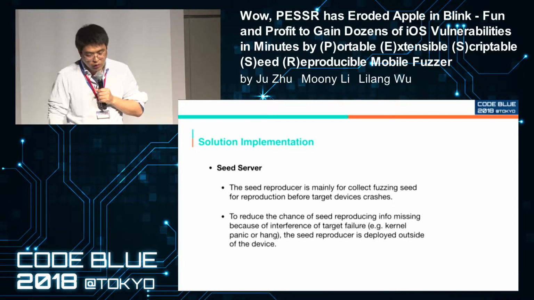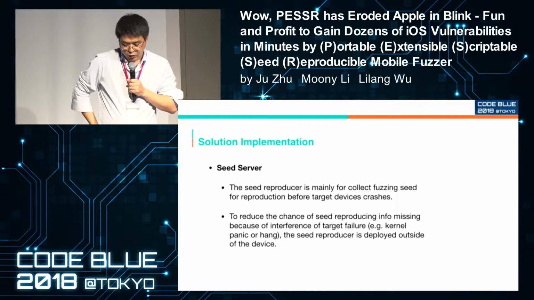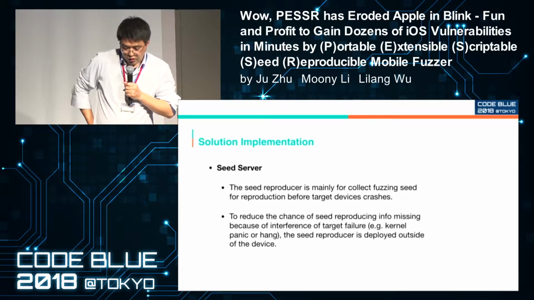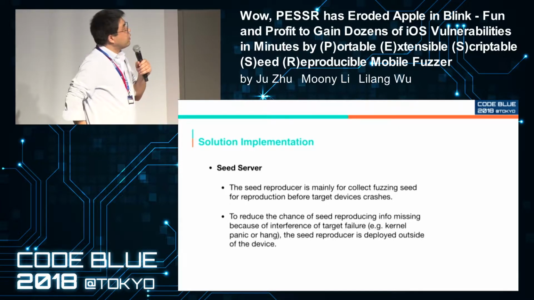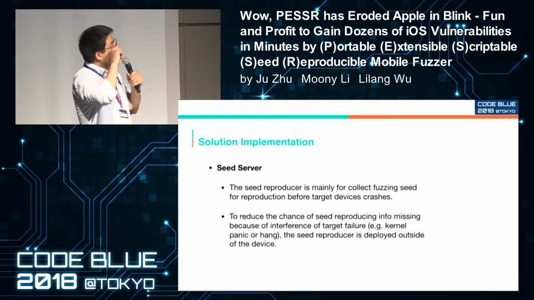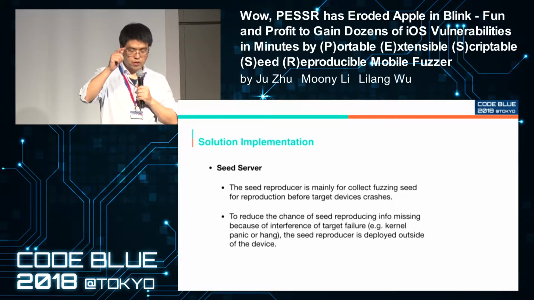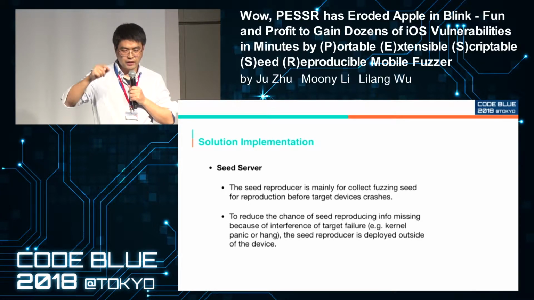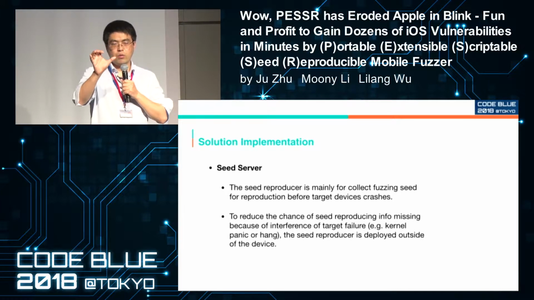This server is mainly for collecting the fuzzing seeds for reproduction, because the target device crashes. The main strategy for seed reproduction is that you can use one unique and identified integer value, for example 4 bytes.